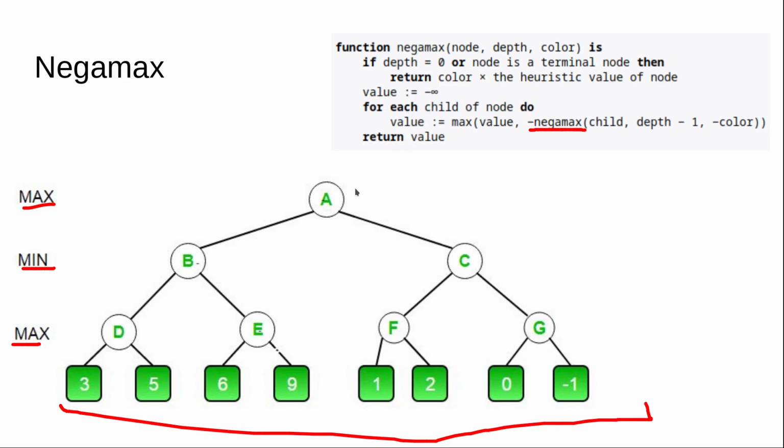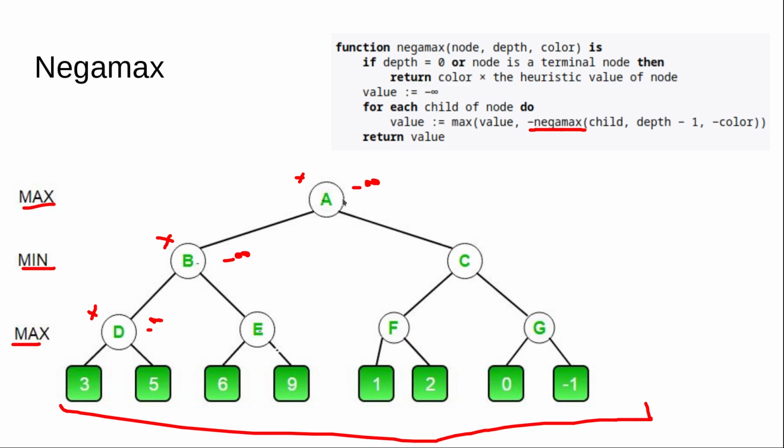So we have a value minus infinity over here. And then we have a call at B. So the value is again minus infinity, because this is also a maximizing player this time. The value is minus infinity over here also. So when we reach our final depth, we would be returning the color multiplied by the heuristic value of the node.